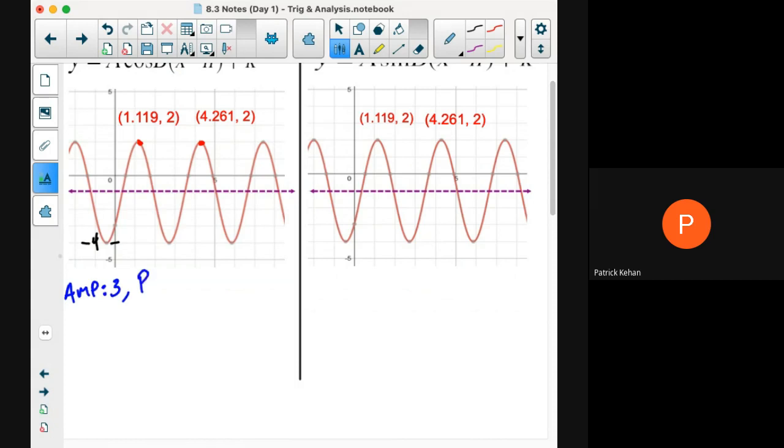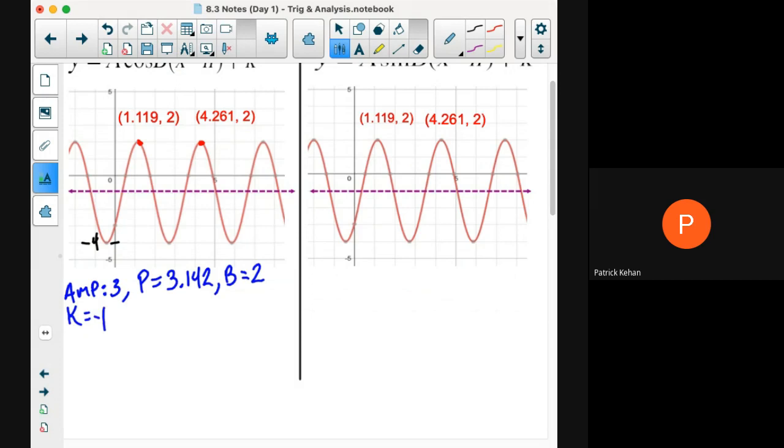Period was 3.142. The angular frequency was 2, 1.999 rounded. So 2 there. The K value was -1. And those are the four values we really needed to work with.